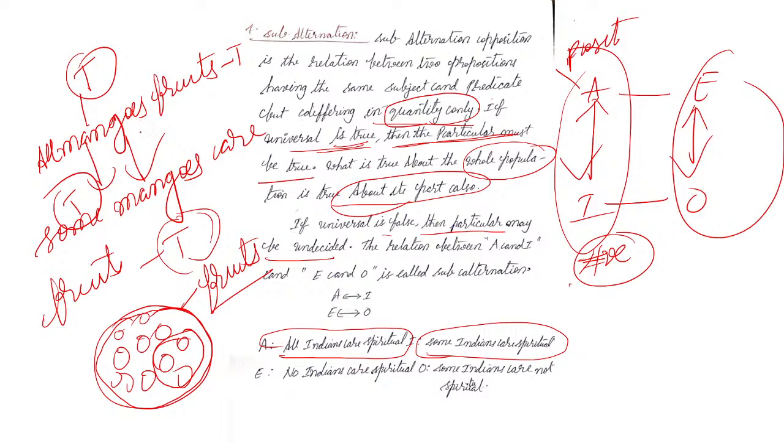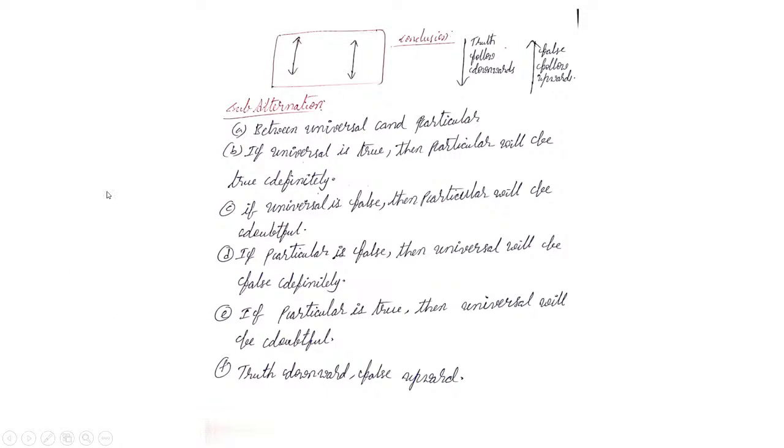Suppose here the A type is A, I. If it is true, then it must be true.